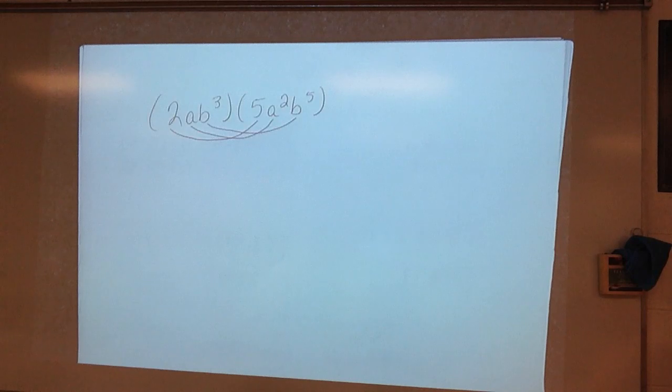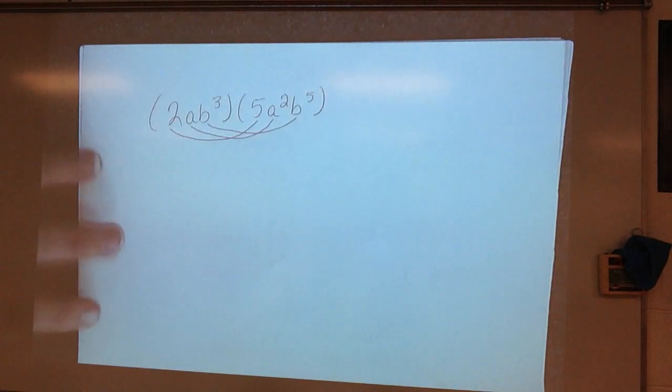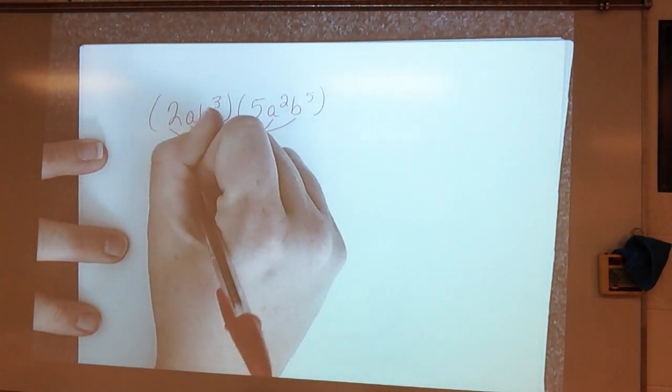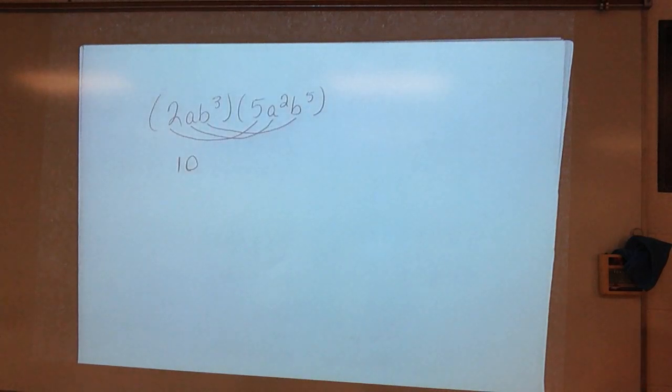So if you go back and look at this, this is just like property number 1. So what I'm going to do is multiply that 2 times that 5, and it gives me 10. Then I'm going to look at my A's.